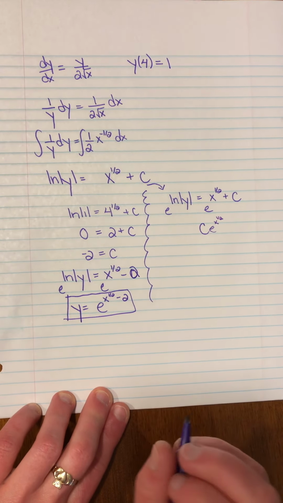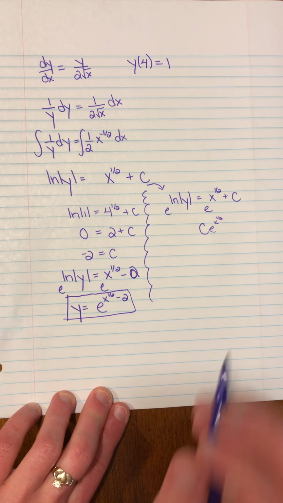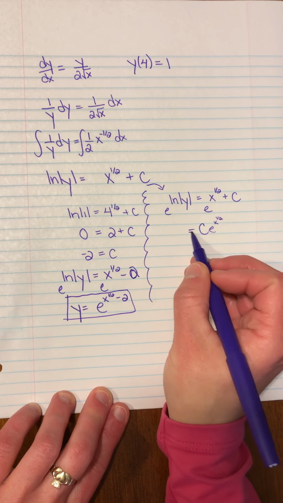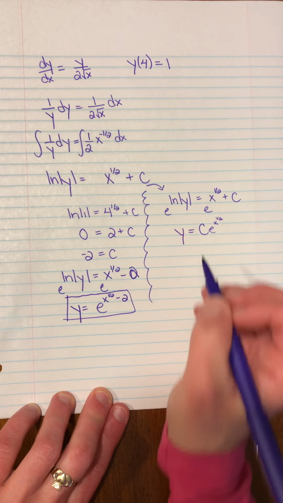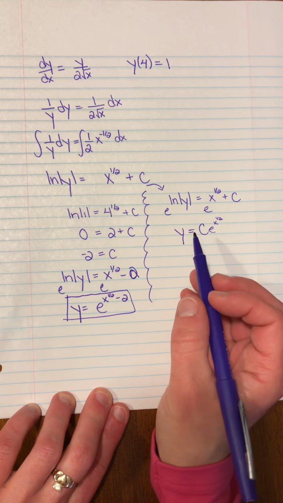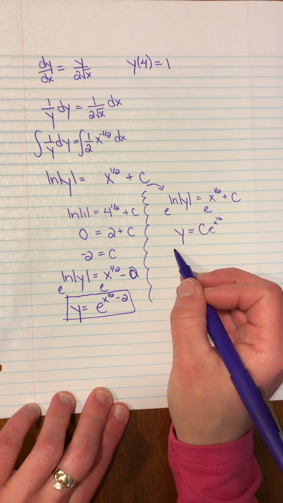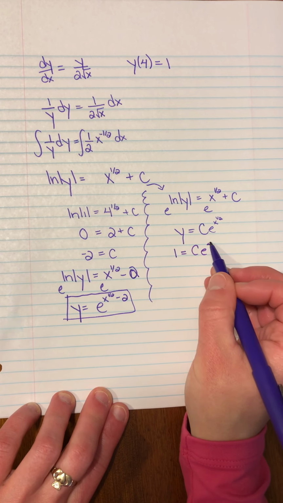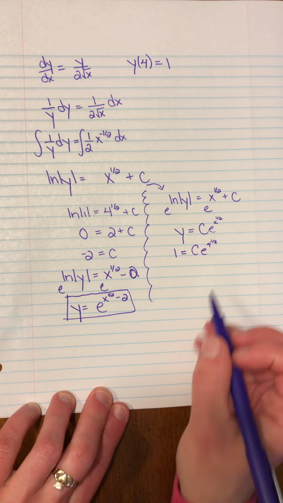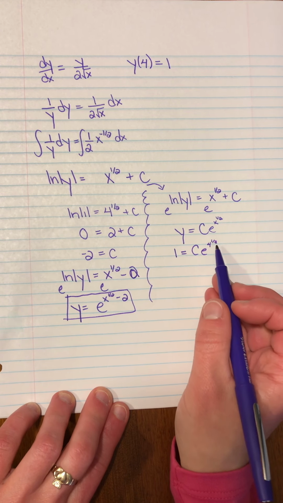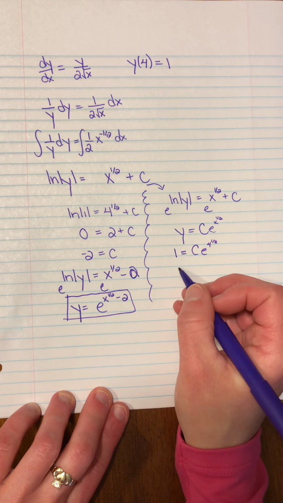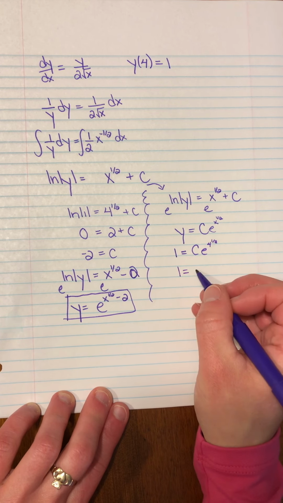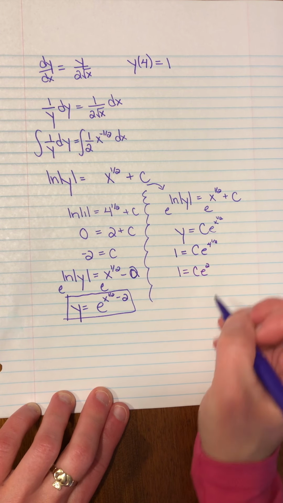Sorry, I keep whacking the thing that's holding up my camera. All right, so now plugging in 1 equals c e to the 4 to the 1/2. So 4 to the 1/2 is the square root of 4, that's 2. So 1 equals c e squared.